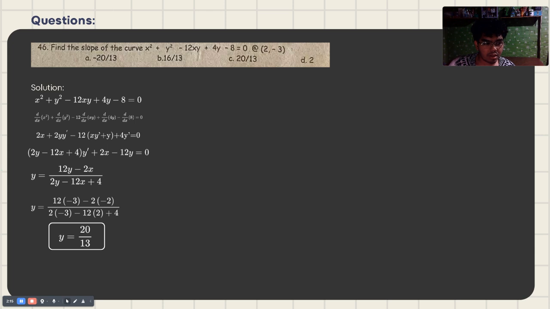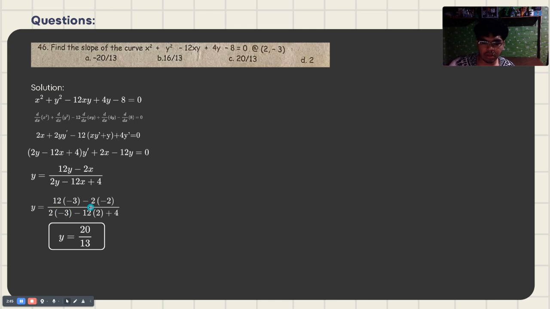The next, solve for y prime. So y prime is equal to 12y minus 2x over 2y minus 12x plus 4. After that, substitute 2 for the x and negative 3 for y.